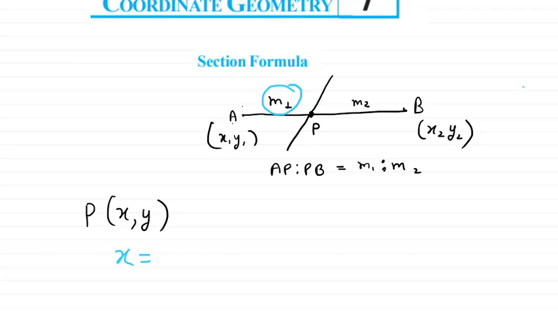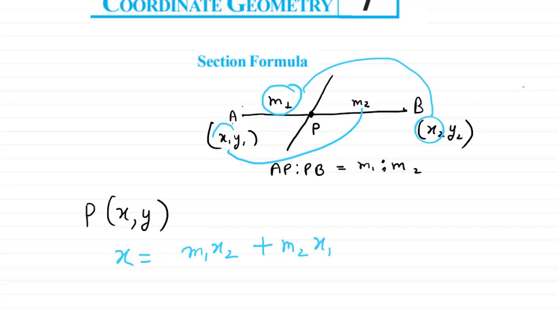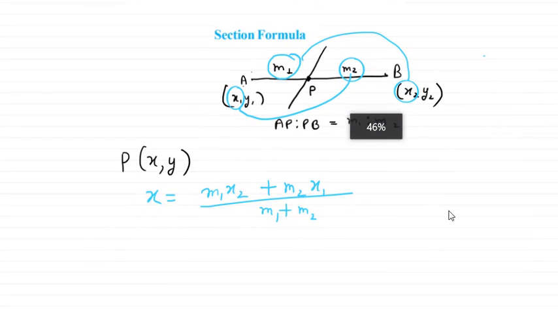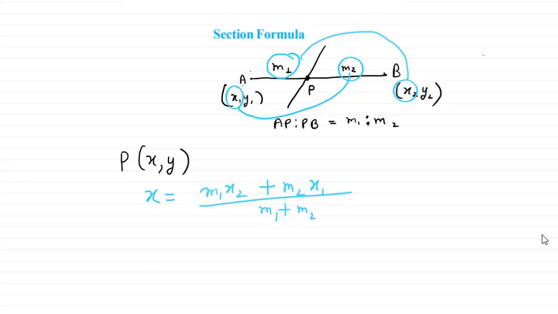Just take this m1 and multiply it with x2, then plus m2 with x1, and then divide it by m1 plus m2. This will give you the coordinate x. Then to find the coordinate y, the formula is simple. Only replace x1 with y1 and x2 with y2.